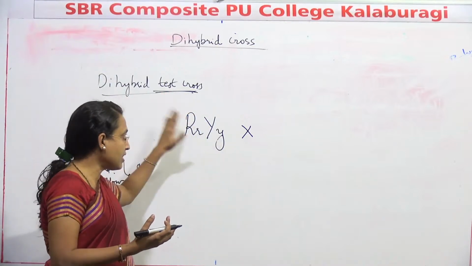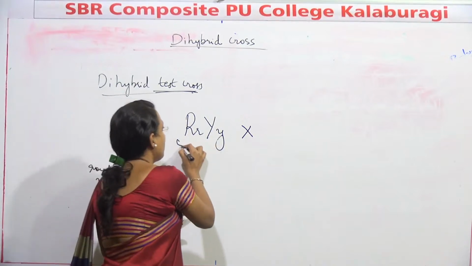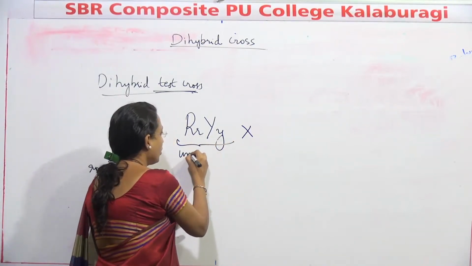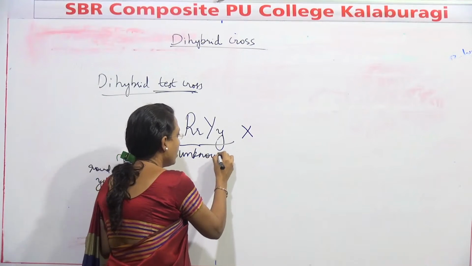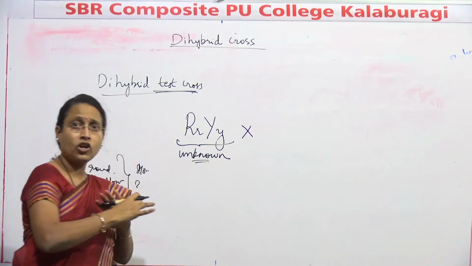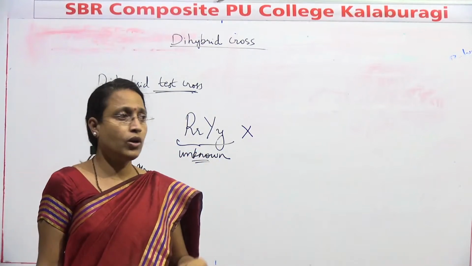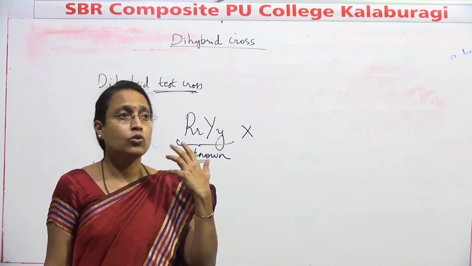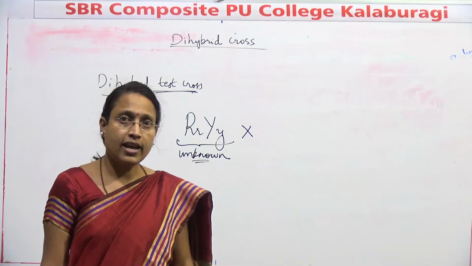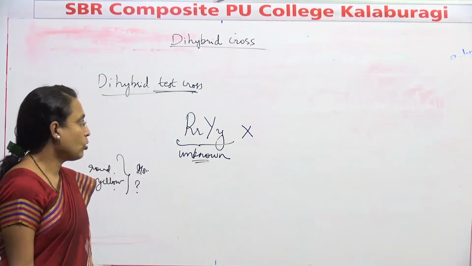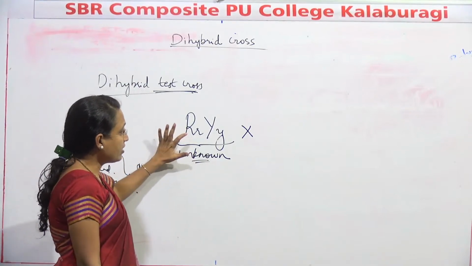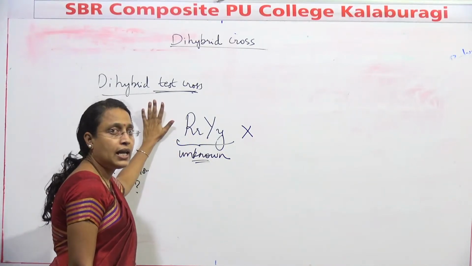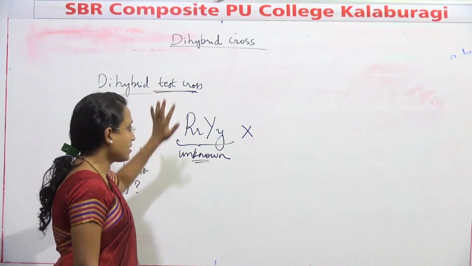Only the phenotype was known visually, but the genotype of the plant was not known. It could be due to a homozygous or a heterozygous condition. That was not known, so to find the genotype of this unknown plant, he performs this test cross.